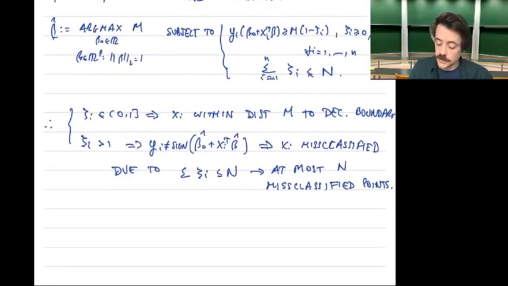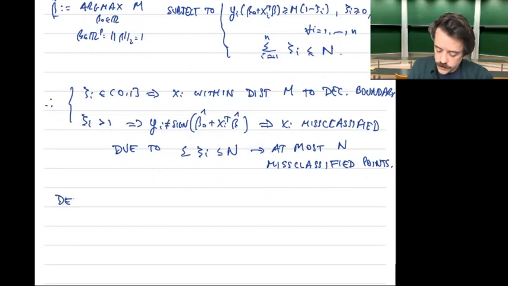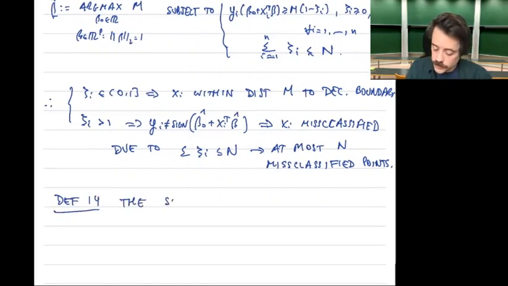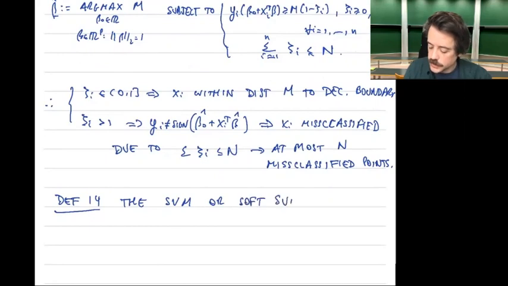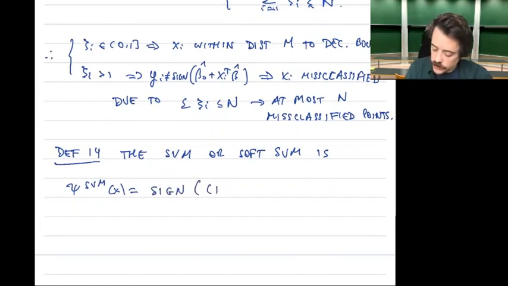So let's just define then the estimator, the classifier, so Definition 14. The support vector machine classifier, or soft support vector machine, is given by SVM(x), and this is going to be, therefore, we're looking at two classes, remember, so this is the sign of this.